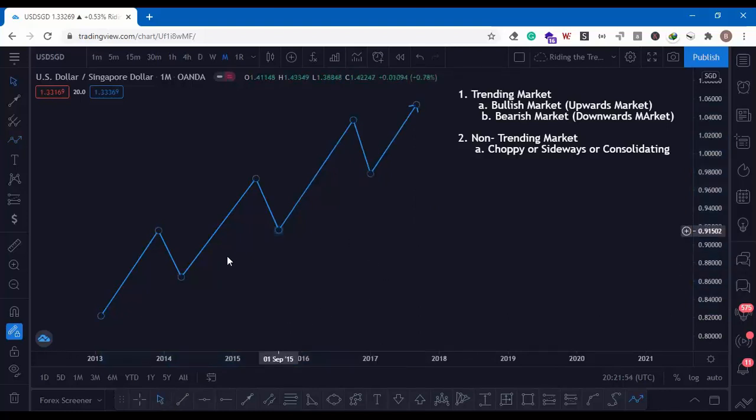And this is what we call a bullish market or an upward market because it's going up. You can see that even though it goes and then comes back, it's going up.